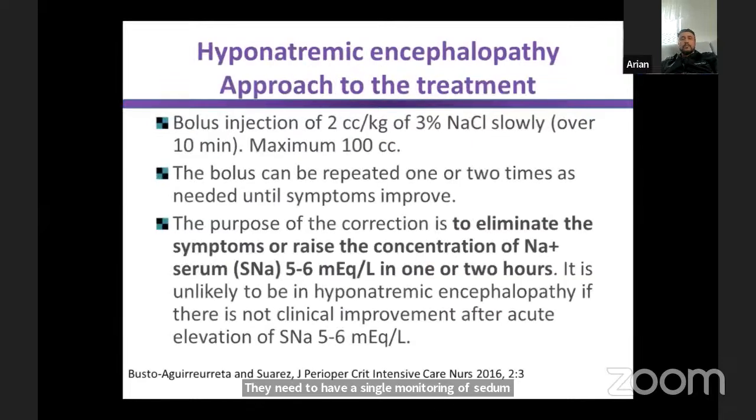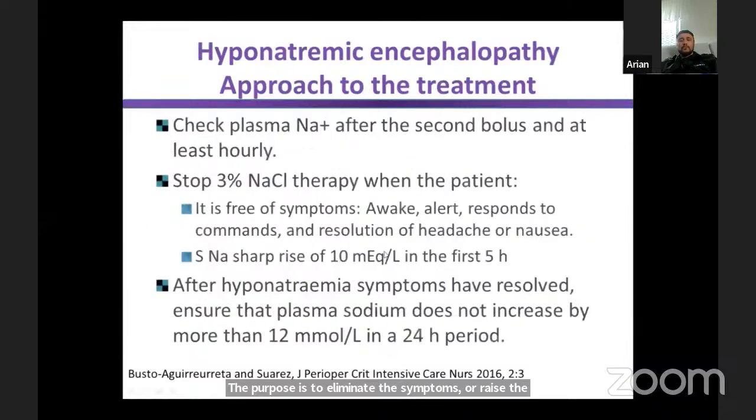Now, if at all hyponatremia occurs, then we need to give treatment with bolus injection of 2 ml per kg of 3% NaCl slowly. The bolus can be repeated once or twice. The purpose is to eliminate the symptoms or raise the concentration of serum sodium by 5 to 6 milliequivalent per liter in 1 or 2 hours. Check the plasma.